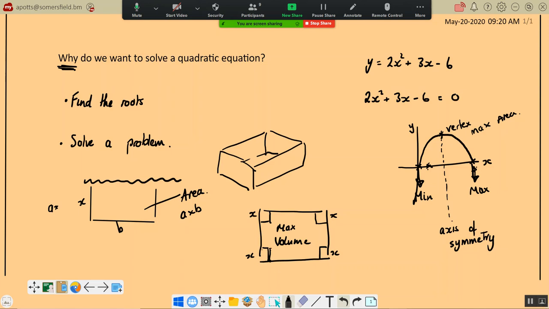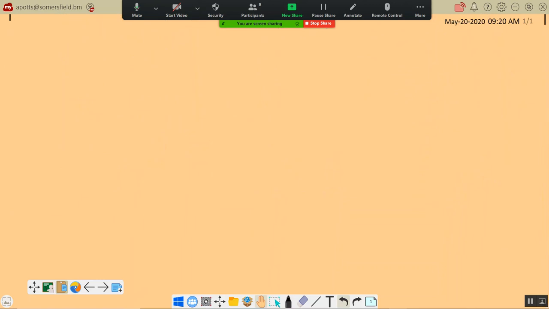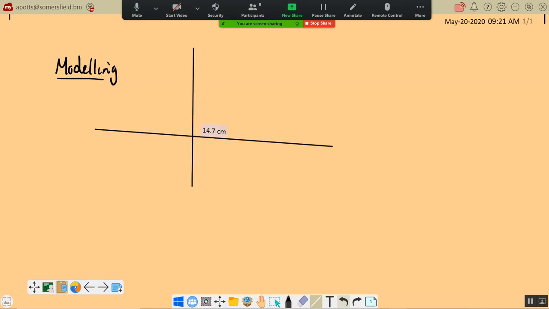There was something else that we did as well, or you did, with quadratics. Remember the word modeling? Because that was modeling, but we also did other things, such as what?